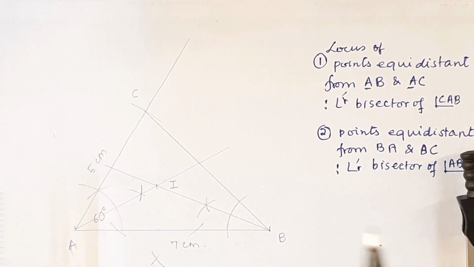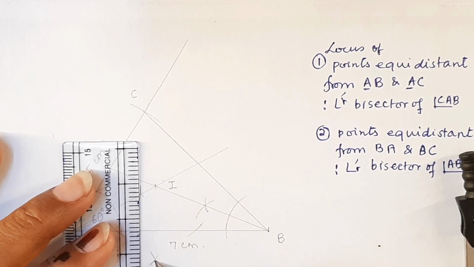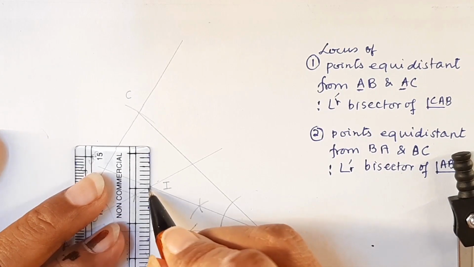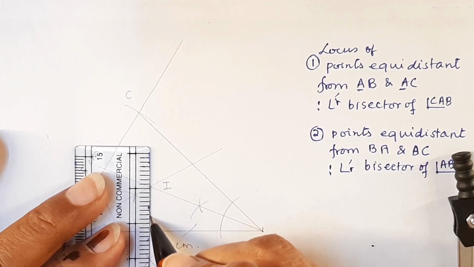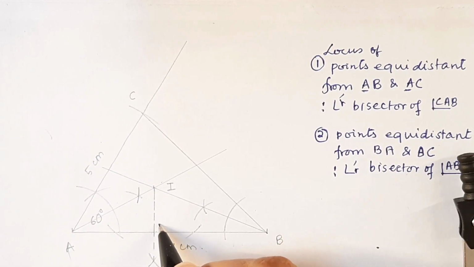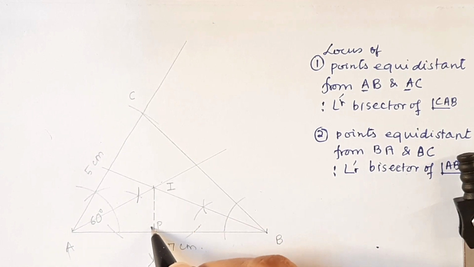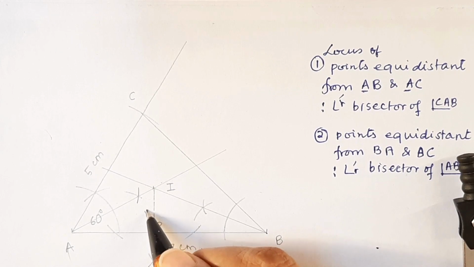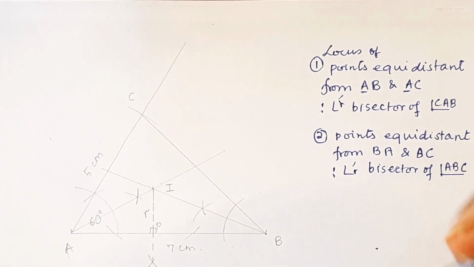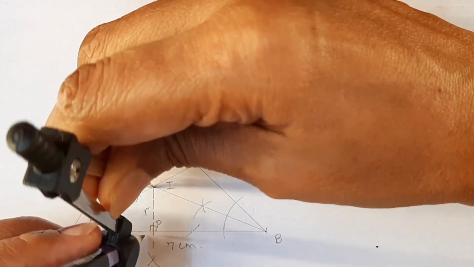Now we have to take this point I and this point of intersection, and we will show a dotted line. Let us say this point is P. Now from I to P is the radius of the incircle. So we will take the radius from I to P. We need to draw a circle. Be very careful.